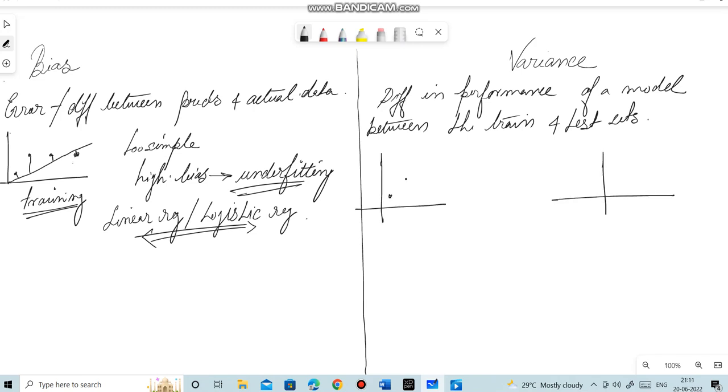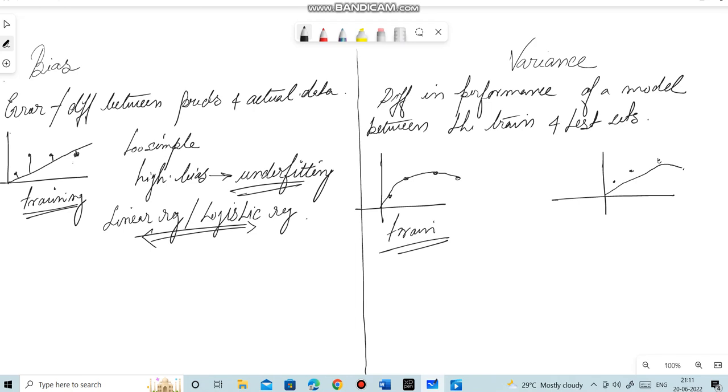We have data points spread across like this. Now suppose we train a deep neural network on these points. Now we see that the points are quite well mimicked or quite well traced by our model during the training phase. Now we try to test the same model on a new set of data.